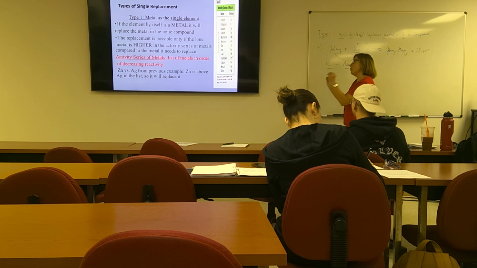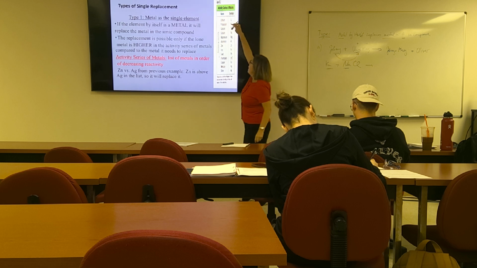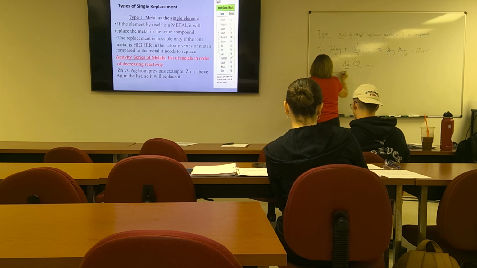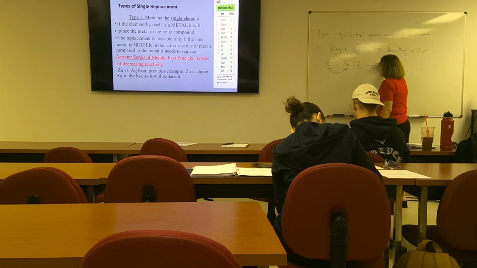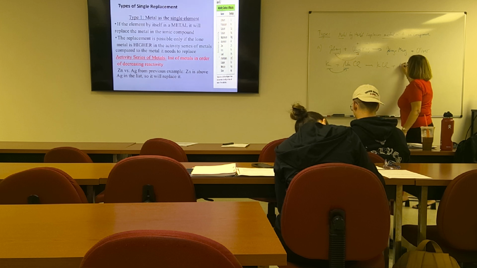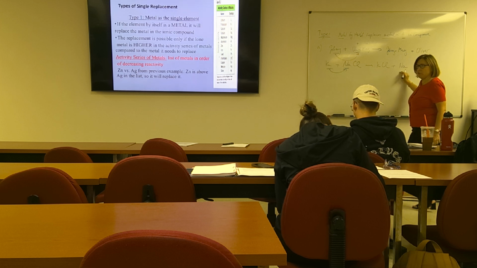You compare the two metals, potassium and sodium. Is potassium higher than sodium? Yep, it is. So potassium will switch with sodium, and you're going to have potassium chloride. That's the new combination, and then sodium goes by itself, sodium being your Oliver.